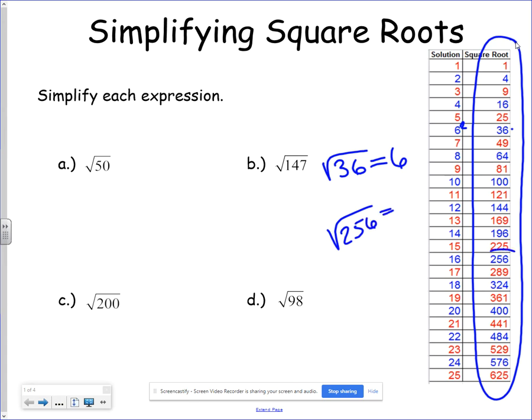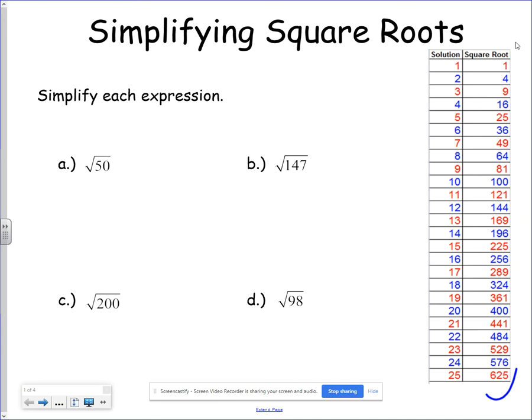Is 256 on the list? Yes. What's the square root of 256? 16. All right, so it's important that you know your perfect squares. So I suggest that you maybe take a screenshot of this list here so you can use it.